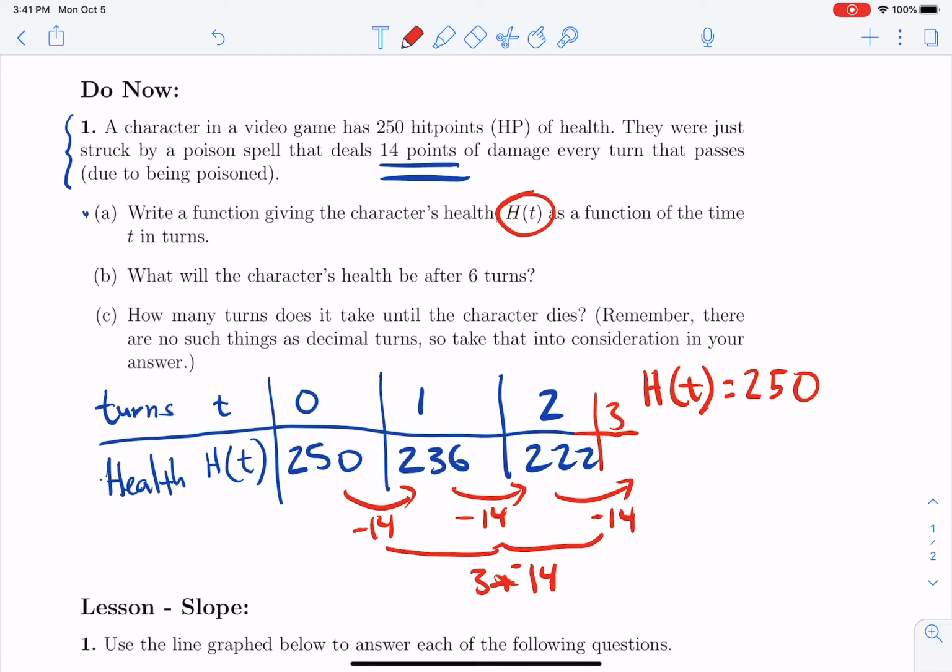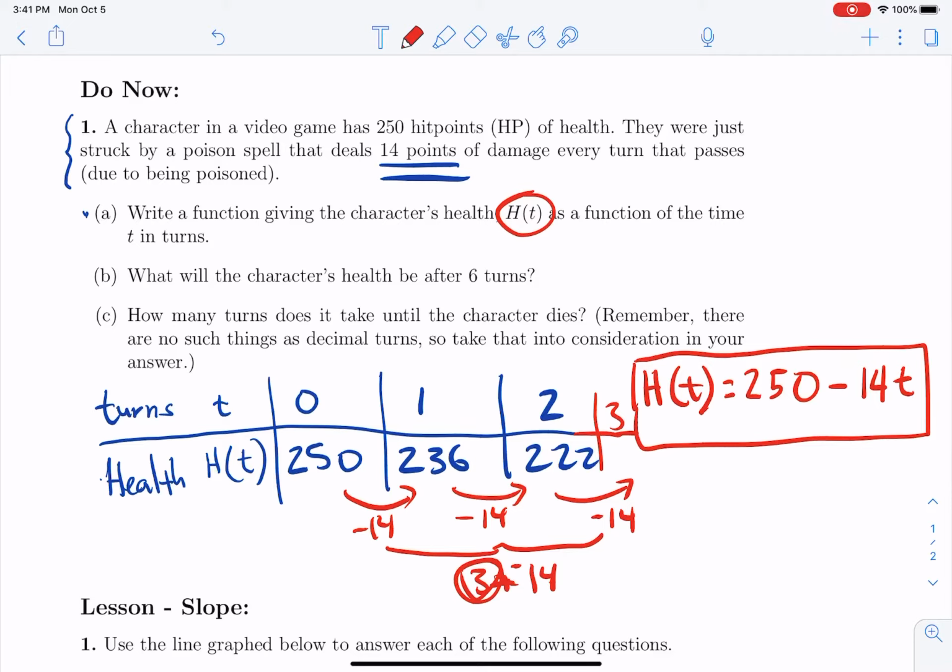I'm going down, so we're going to represent that with a negative 14. A way that we represent that algebraically is we would say our turns here is our variable, or that's what is changing, and every turn we're losing 14 points. So here's my function h of t. That really goes with part A.